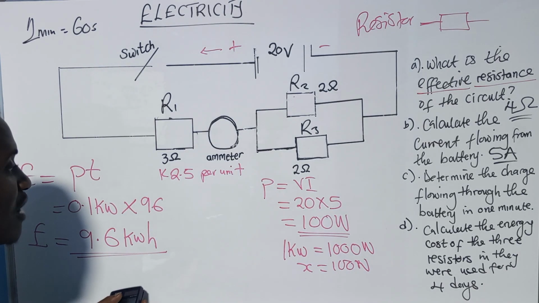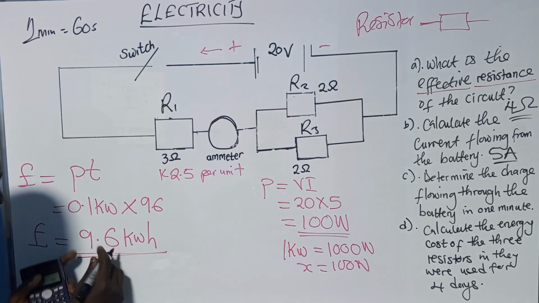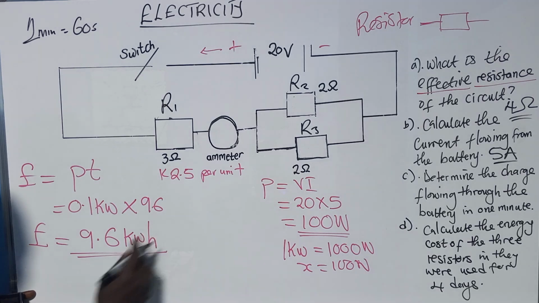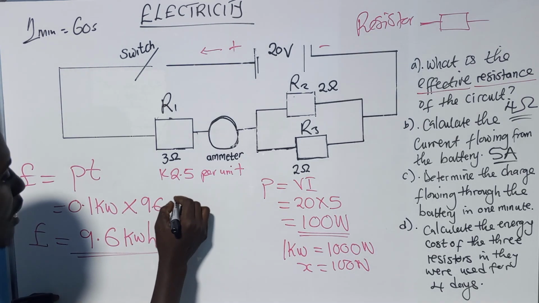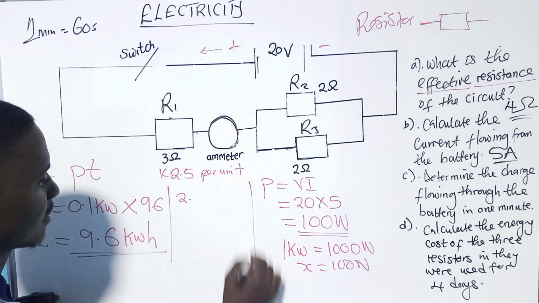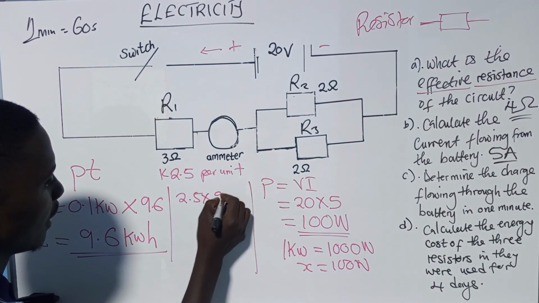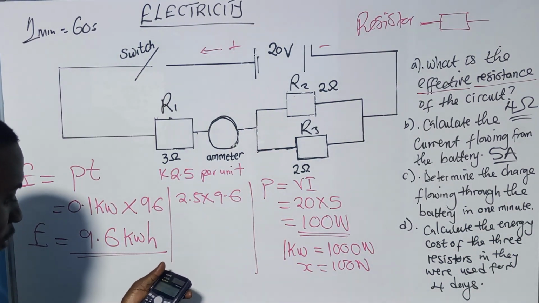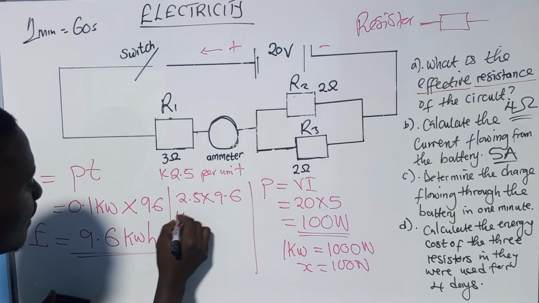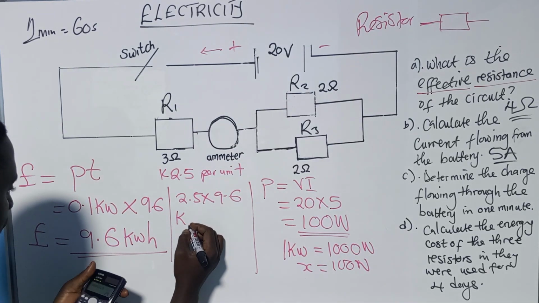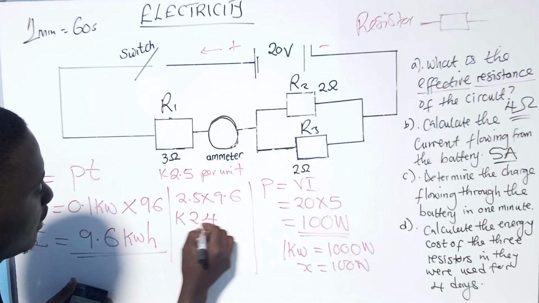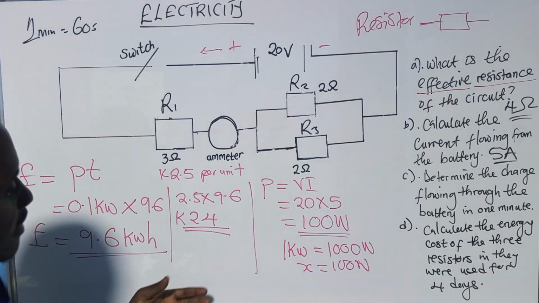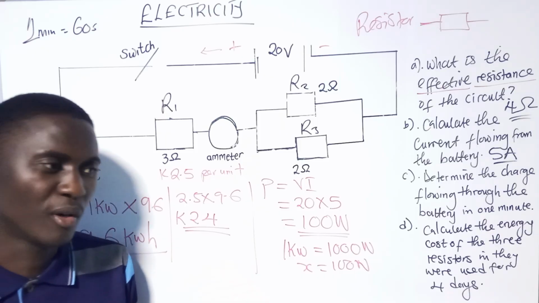Such kind of questions also they are there. It means when you reach here, you are going to multiply the 9.6 times 2 kwacha 50 ngwe. It means that these 9.6 units were costing 24 kwacha. And such type of questions are very common in the exam.